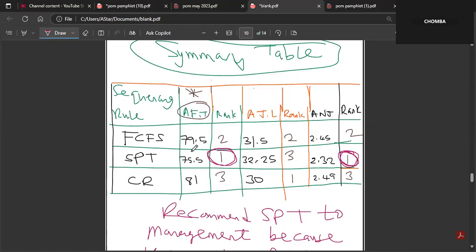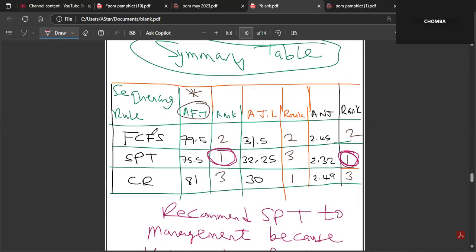Yes. Because from the three, the smaller the value the better. So SPT is ranking first based on the evaluating criteria. Otherwise, if it was 50-50, we would have said recommend first come first served.